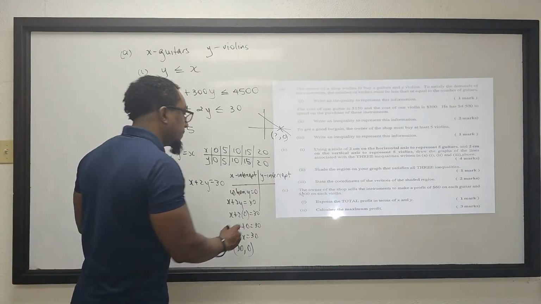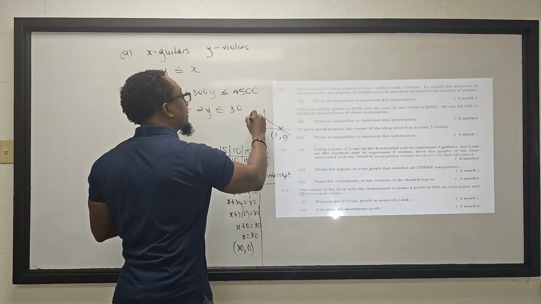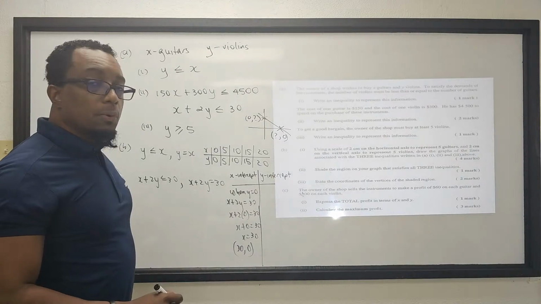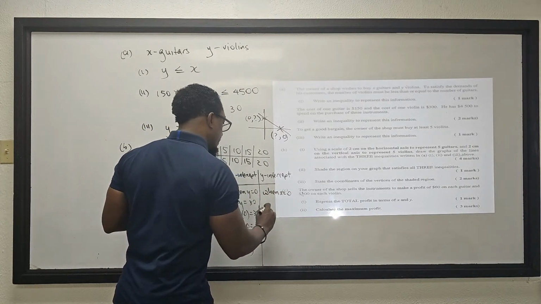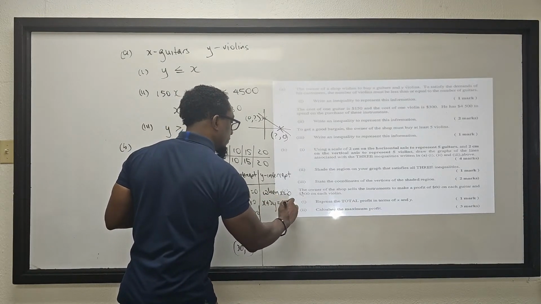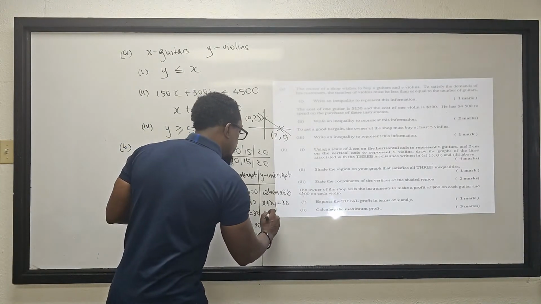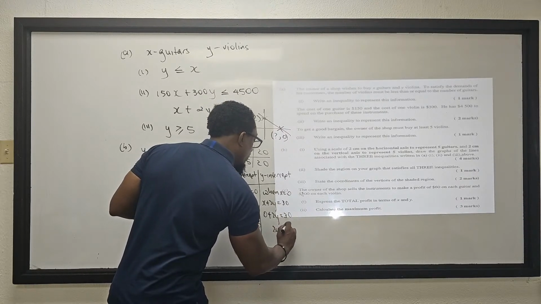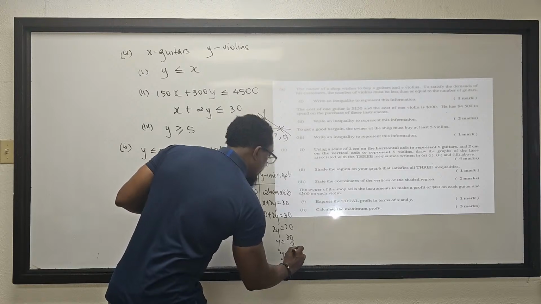The y-intercept: when a line cuts the y-axis, you know that x will be 0 and y will have some value. So when x is 0, we take the equation and replace x with 0. I'm going to get 0 plus 2y is equal to 30. 2y is equal to 30, and therefore y is 30 over 2, y is 15.